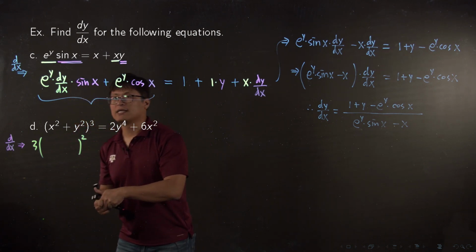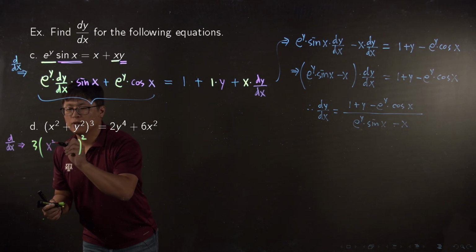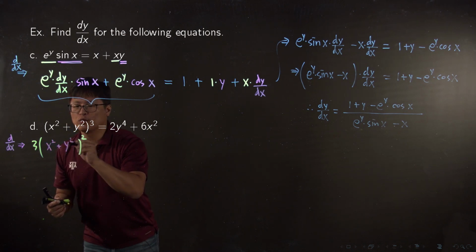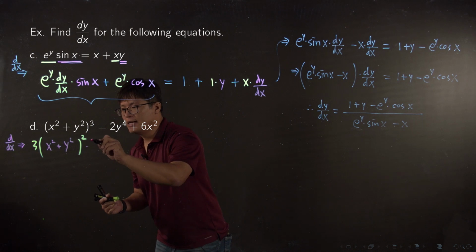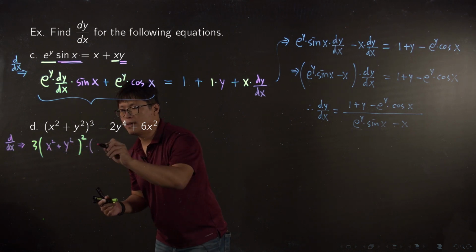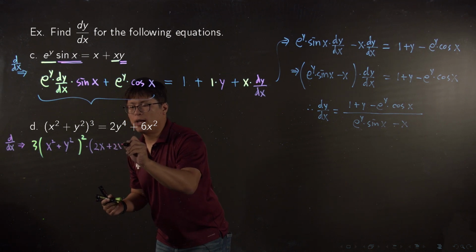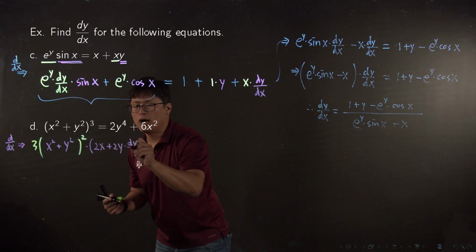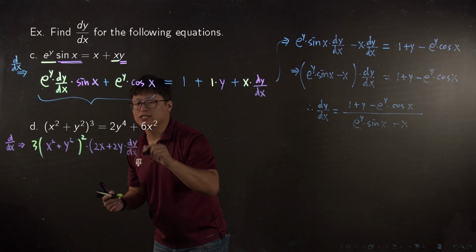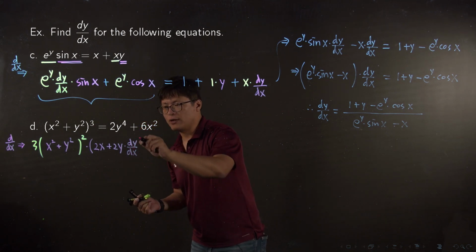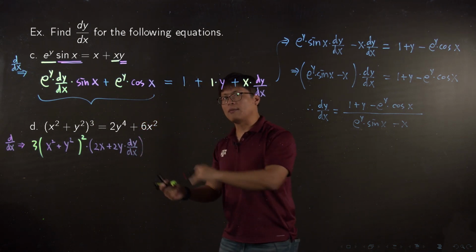Then let me write your inside function, which is x squared plus y squared. Once you write the inside function, you have to multiply the second layer prime. x squared prime is 2x, and y squared prime is plus 2y. And don't forget dy over dx as the chain or implicit differentiation, okay? That's it, okay? With the left hand side.